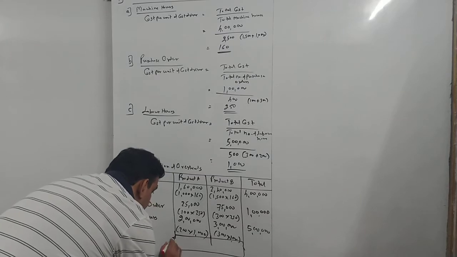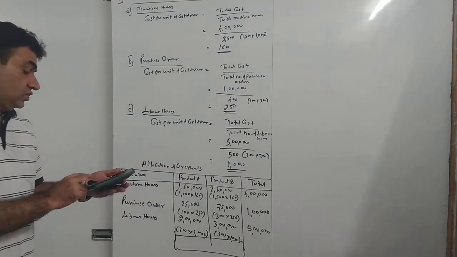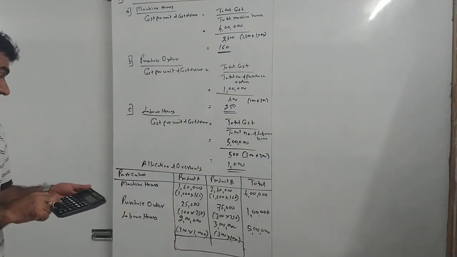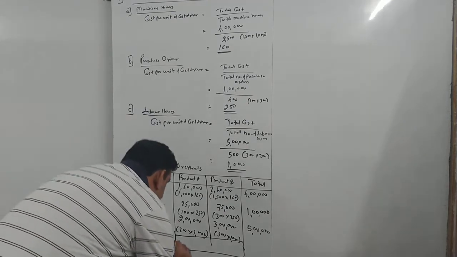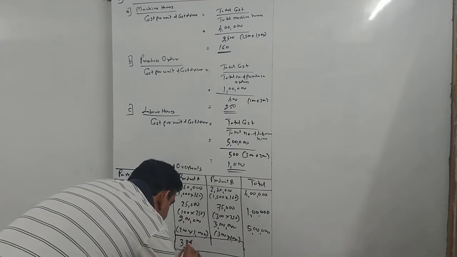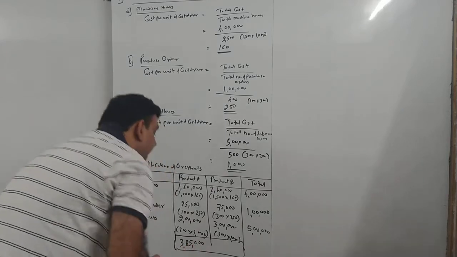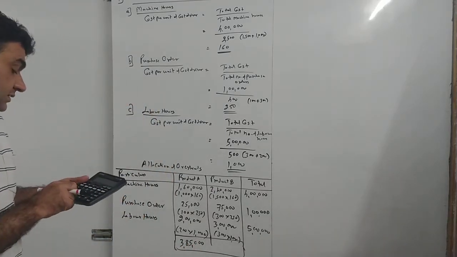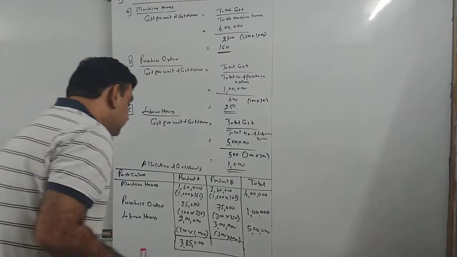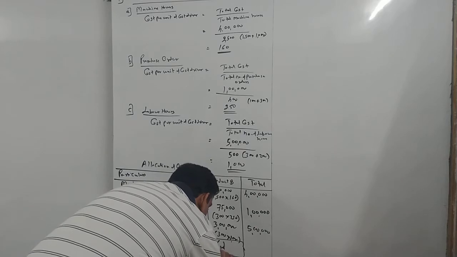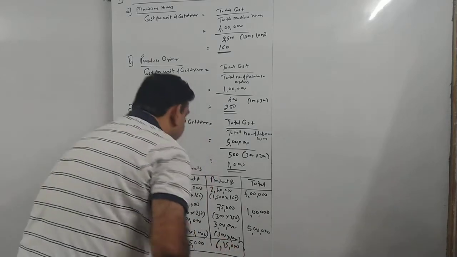That's it. Now take the total. So 1,60,000 plus 25,000 plus 2 lakh is 3,85,000, and 2,40,000 plus 75,000 plus 3 lakh is 6,15,000.